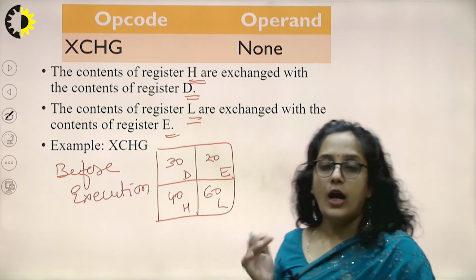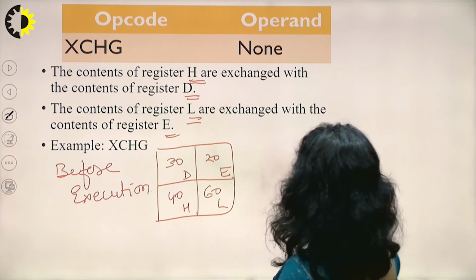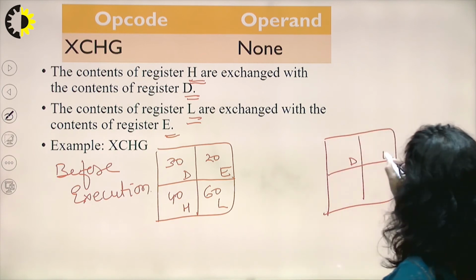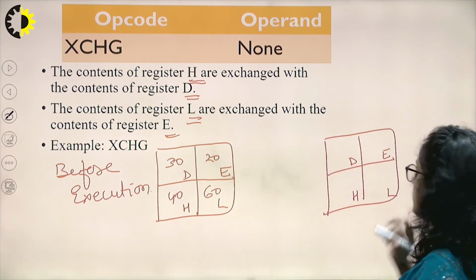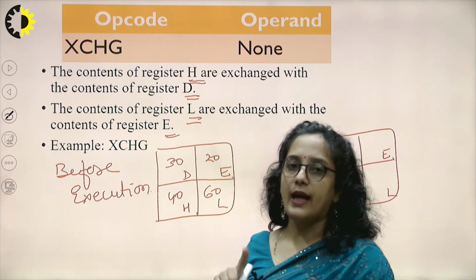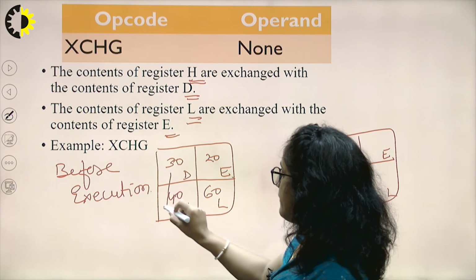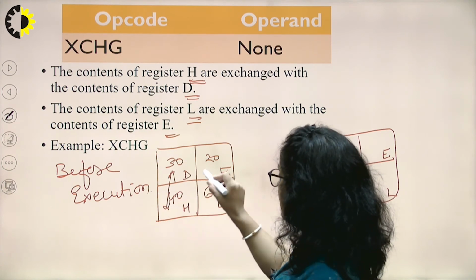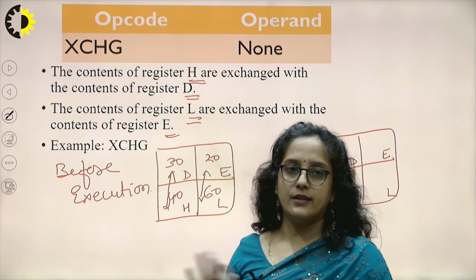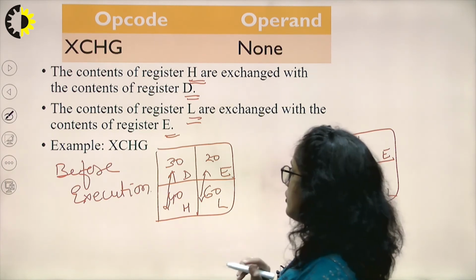Now after execution, what will be the content of D, E, H, L? Keep in mind that XCHG only exchanges the content of H with D and L with E. No other register is involved in this instruction.